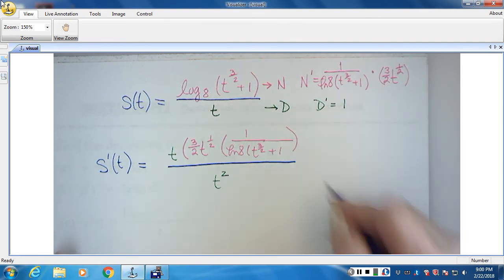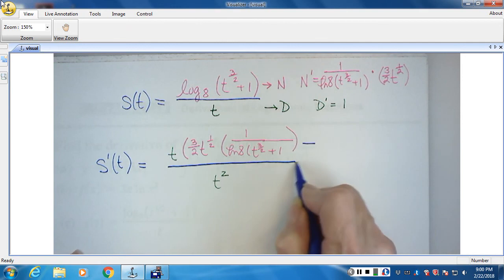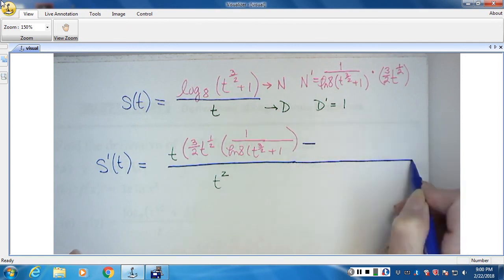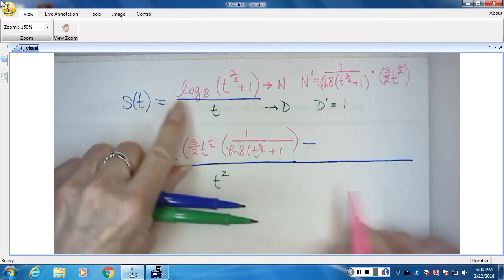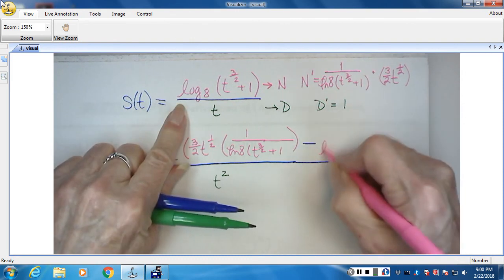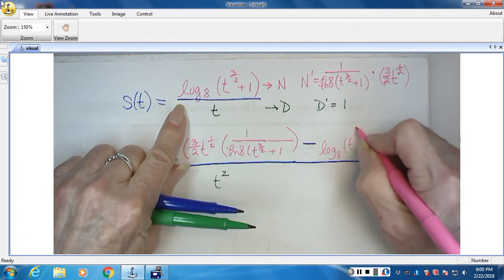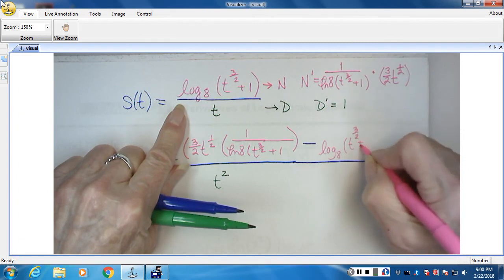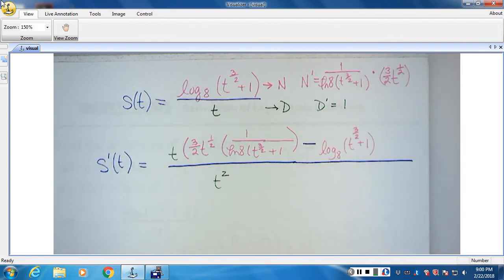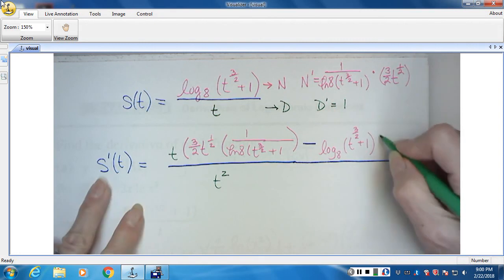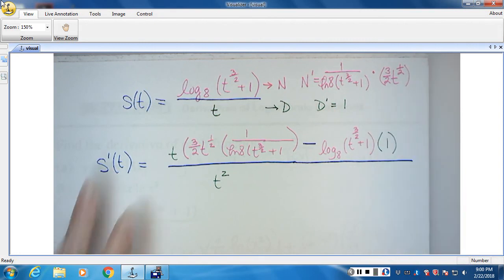And then I subtract. And I take the numerator, and I multiply it times the derivative of the denominator, which is 1, and promptly disappears.